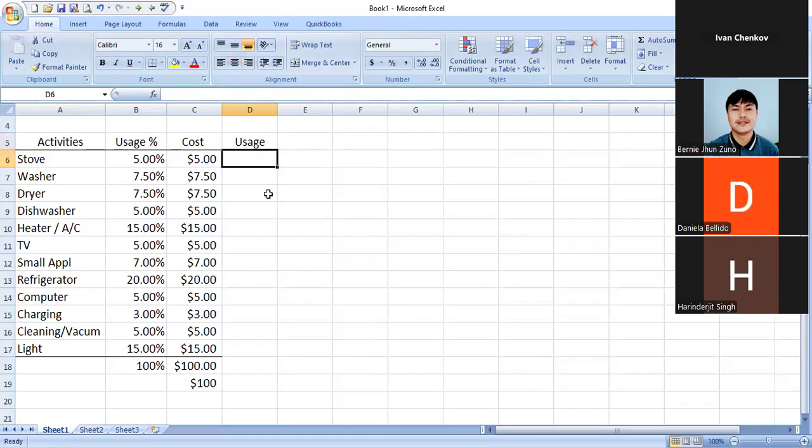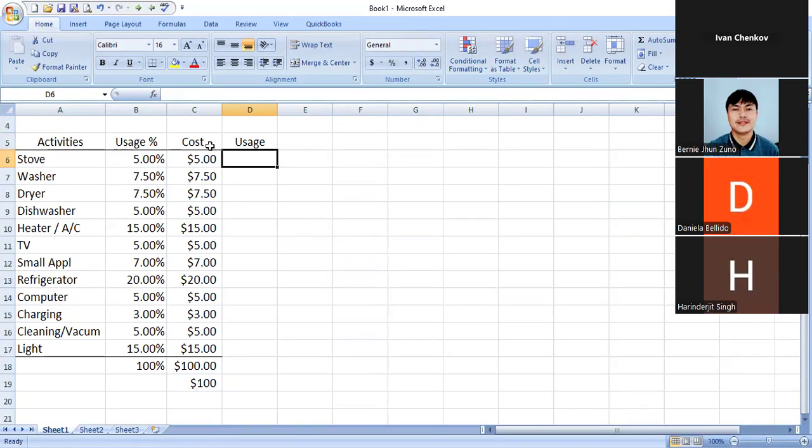So now the question is, during the month or during the day, let's focus on the day only. How are we going to measure the stove? How are we using the stove? By the number of times that we're using it or the duration of time? Because every meal can be different.